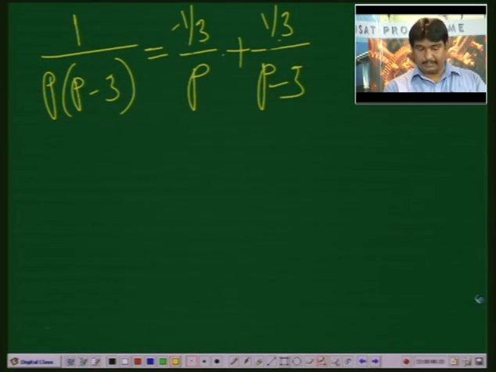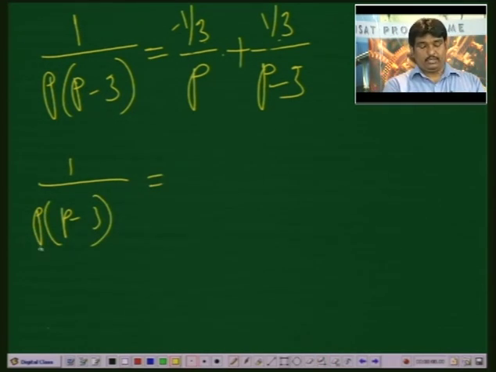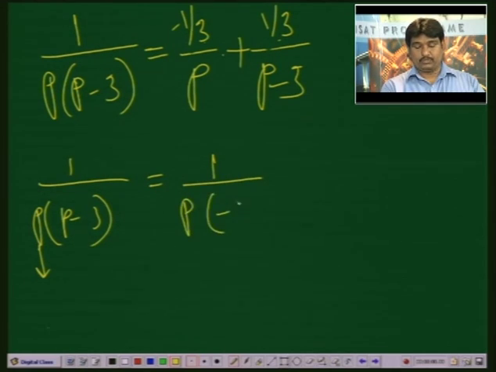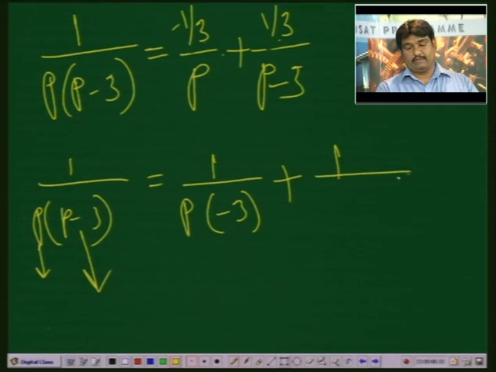What is the other technique? Other shortcut method is: 1 by p into p minus 3, straightforward. Equate this to 0, p equals 0, substitute p equals 0 everywhere except in this factor, so you will get minus 3 here. Then equate the second factor p minus 3 to 0, which gives p equals 3, and substitute p equals 3 everywhere but not from the factor from which it is obtained.